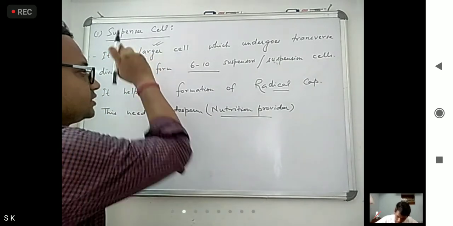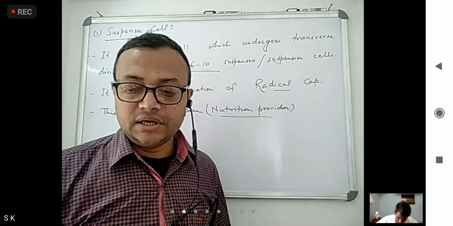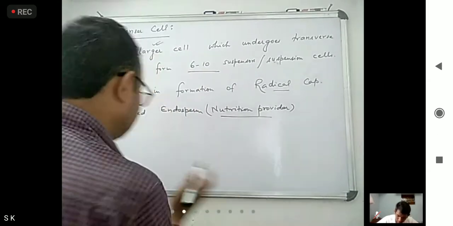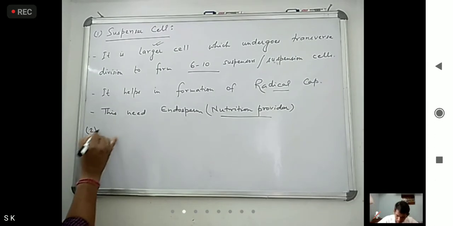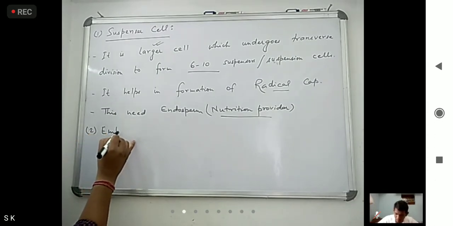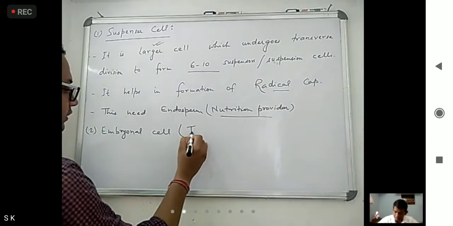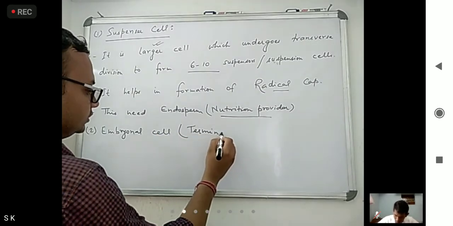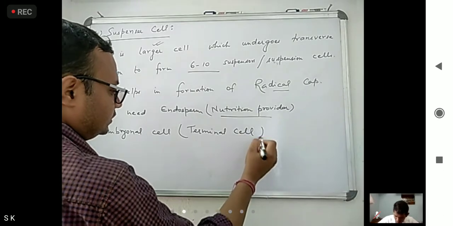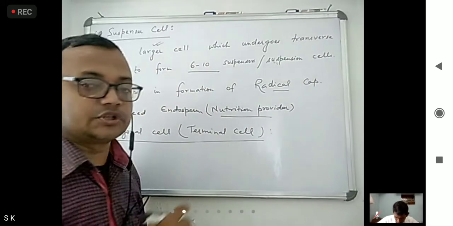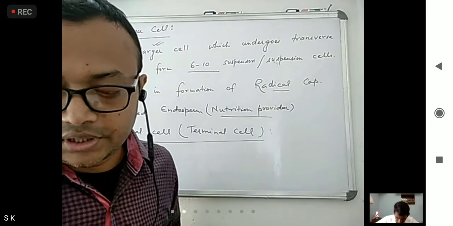What we have discussed is the suspensor cell. The next cell is the embryonal cell, also known as the terminal cell. Okay, so first what we saw was the suspensor. Next is the embryonal cell.